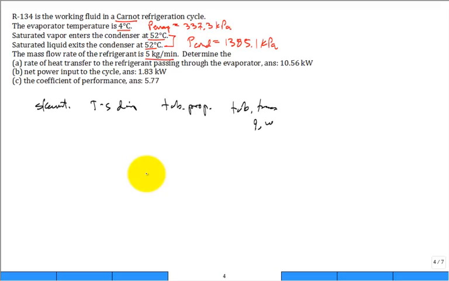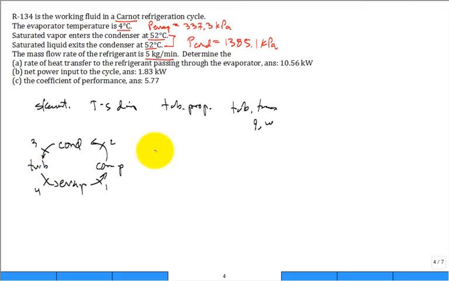All right, so I'll quickly try to resketch the components. This is the condenser, this is the evaporator, this is the compressor, this is the turbine, this is state 1, state 2, state 3, state 4. Let's go ahead and make our table. We're going to have states 1, 2, 3, 4.